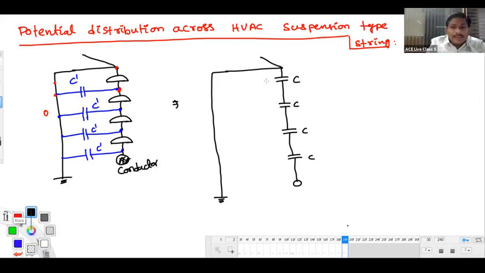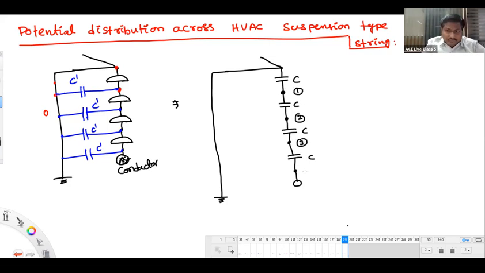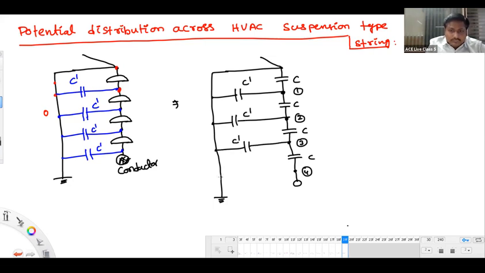So these are the metal links, or you can call them link pins, 1, 2, 3, 4. And this is the capacitance formation we have, C dash. Like this we have.